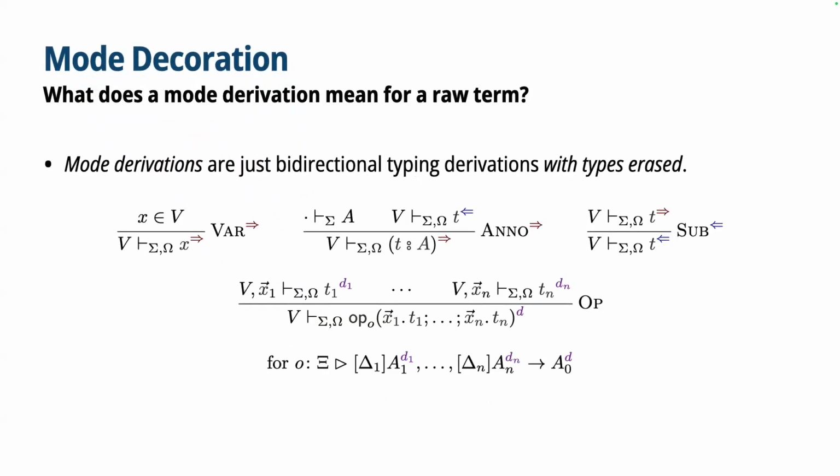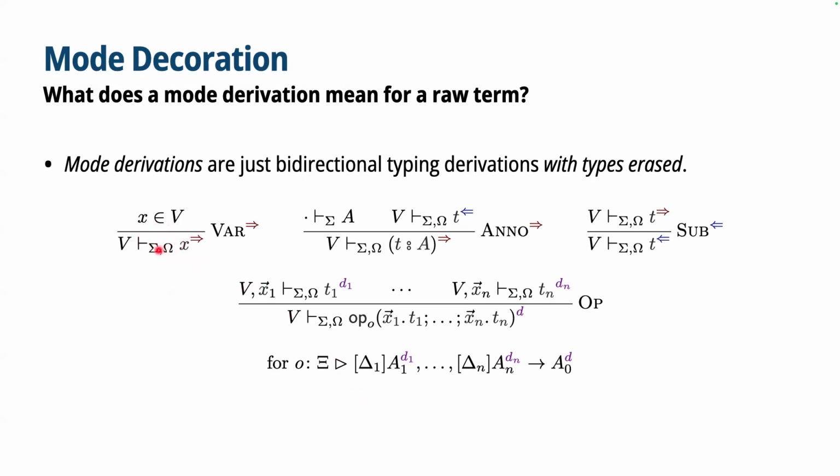So first of all, what is a valid mode for that term, and how can it be derived just by erasing? The judgments for specifying a mode can be derived by erasing the types from the bidirectional type system. So we get something like this. We don't have a type yet.